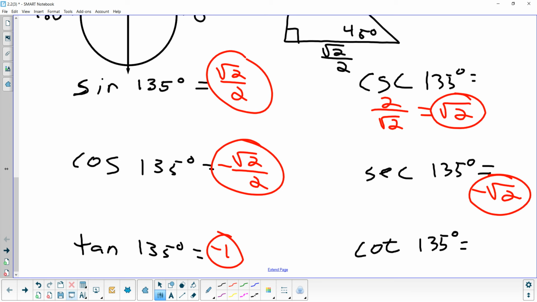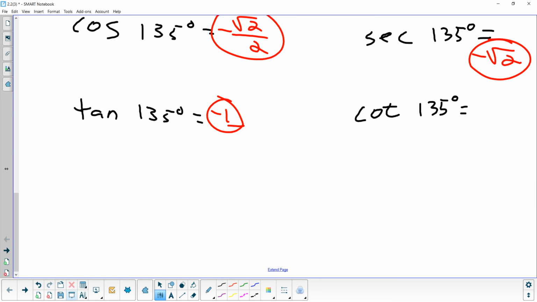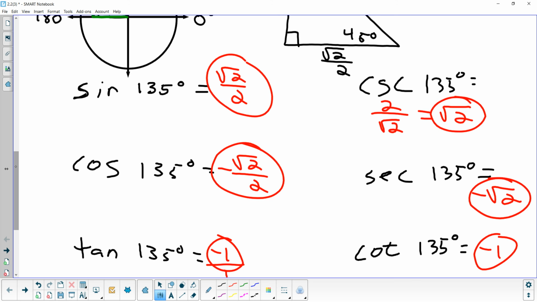Would it just be minus 1 again? It'd be minus 1 again, right? Because that's minus 1 over 1 if you want to think of it that way. When you flip it, it's 1 over minus 1. That's still the same thing. Minus 1. All right, so there's our 6 trig functions for 135.